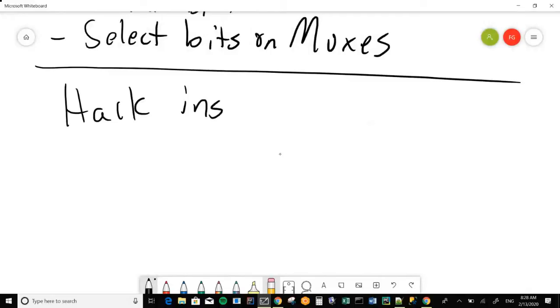A Hack instruction, as we've discussed many times, and as you internalized in the assignment where you wrote your assembly language programs, has two types. The first of which is the A instruction.